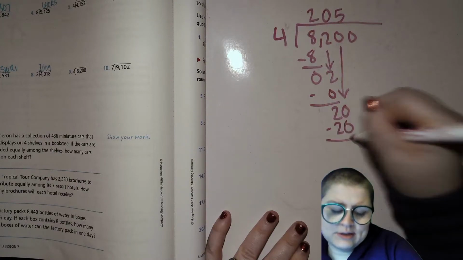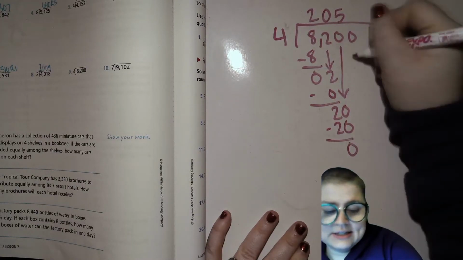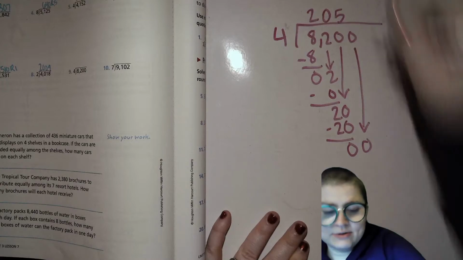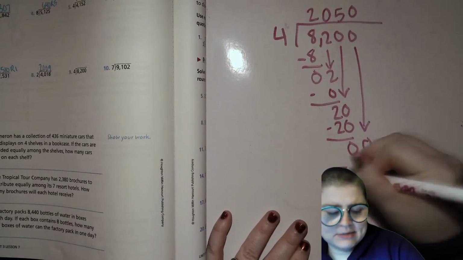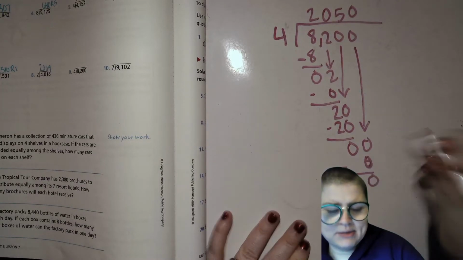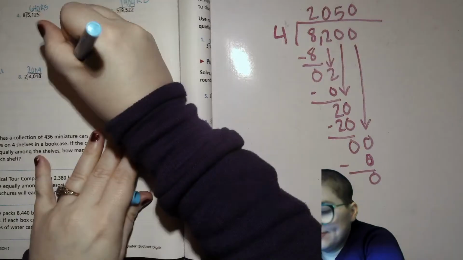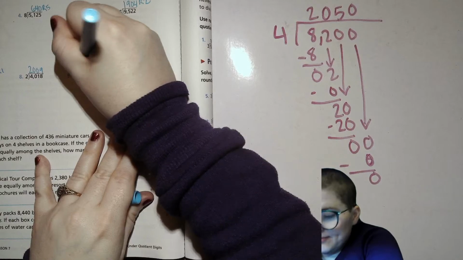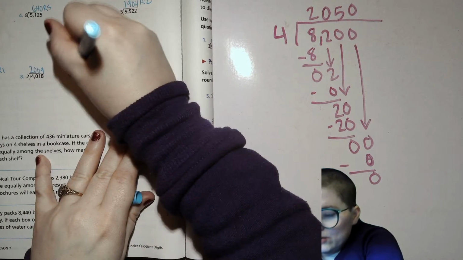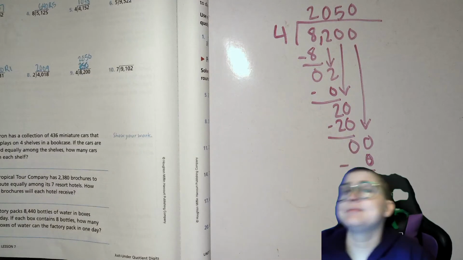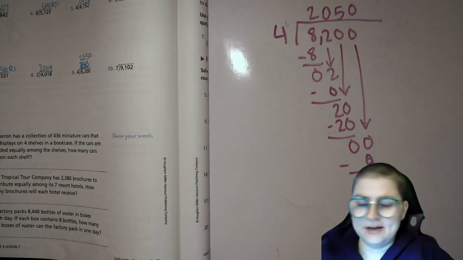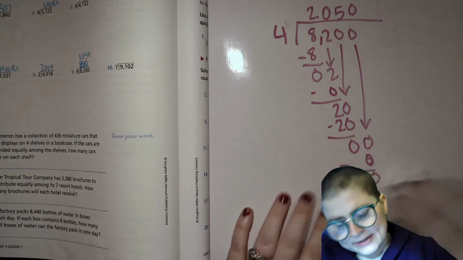And you get 20 when you multiply 4 times 5. 0, and 4 goes into 0, 0 times, minus 0, and there's no remainder. 2,050. Whoopsie, I wrote that wrong. 2,050. All right, last one of these here.